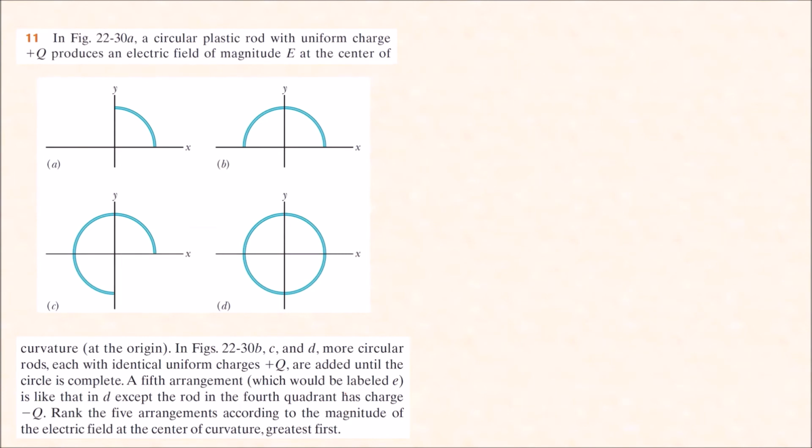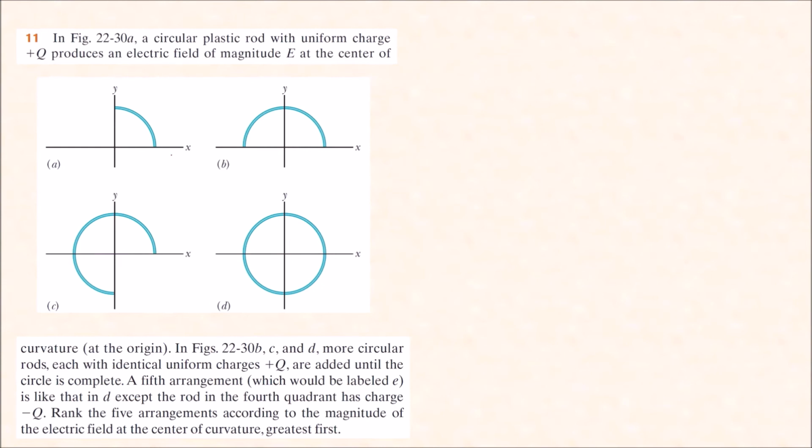A fifth arrangement, which would be labeled E, is like that in D, except the rod in the fourth quadrant has charge negative Q. Rank the 5 arrangements according to the magnitude of the electric field at the center of curvature, greatest first.